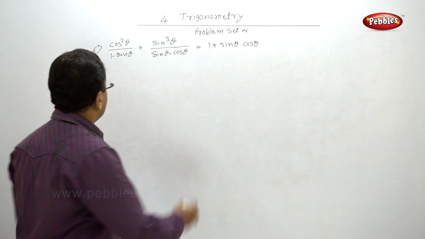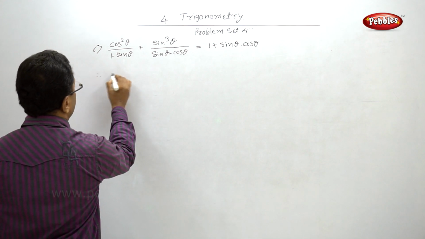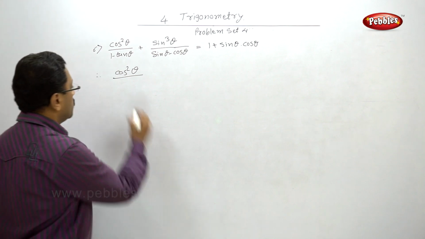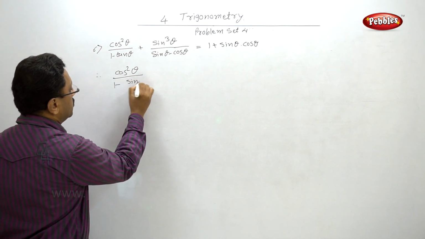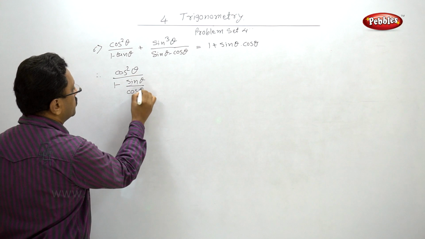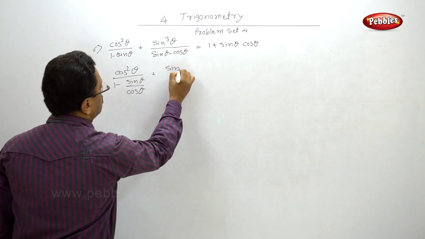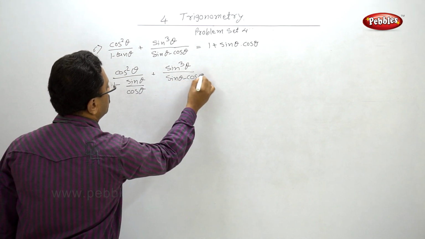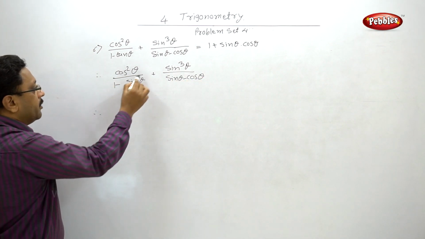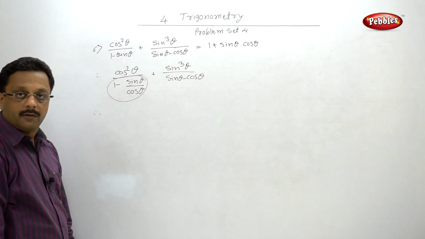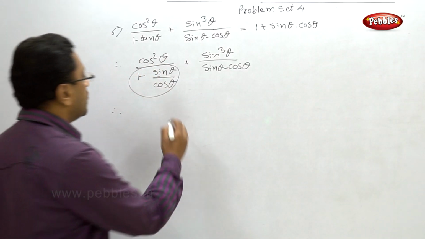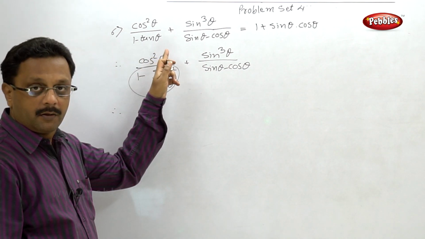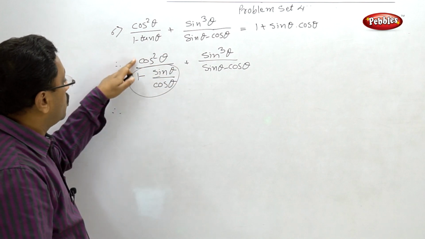Let us solve this. So we have left hand side equal to cos square theta upon 1 minus sin theta upon cos theta plus sin cube theta upon sin theta minus cos theta. Now I will only solve this denominator, that is cos theta minus sin theta upon cos theta. Now this denominator cos theta will go up and become cos cube theta.